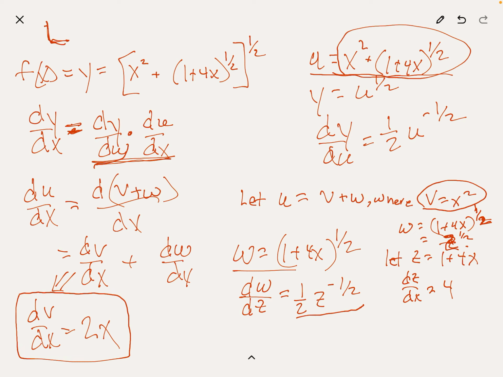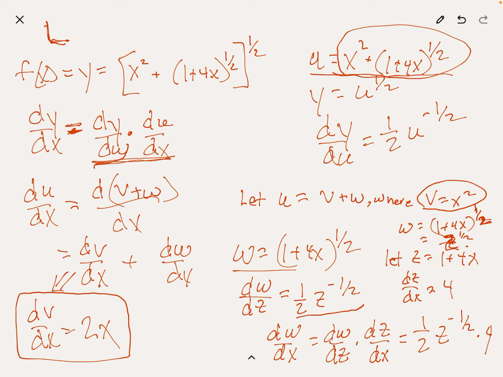So let's see what we got now. What we want is dw/dx. Well, that equals dw/dz times dz/dx. Well, that equals 1/2 z to the negative 1/2 times 4.